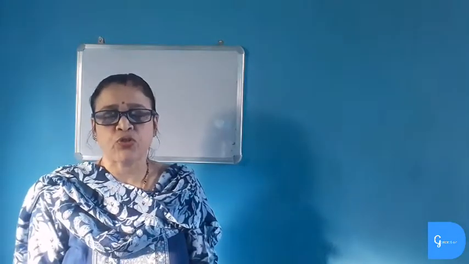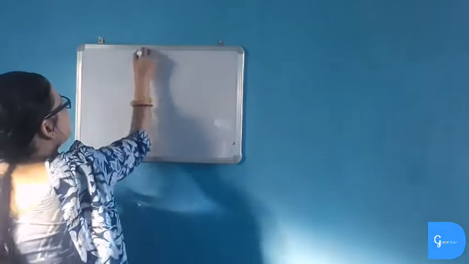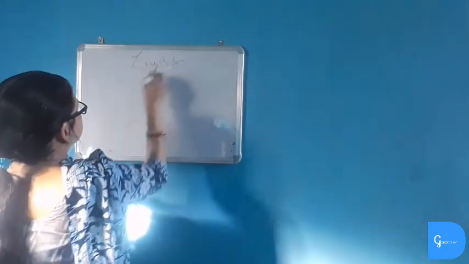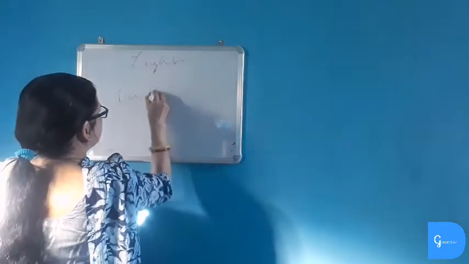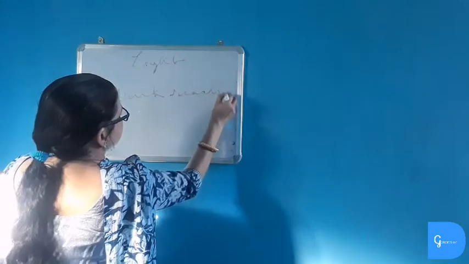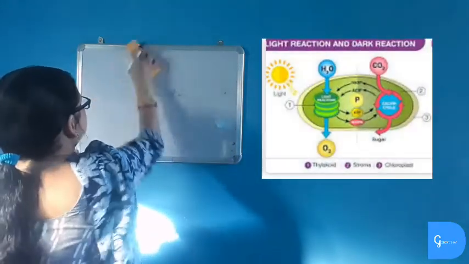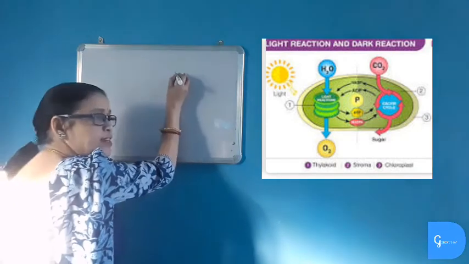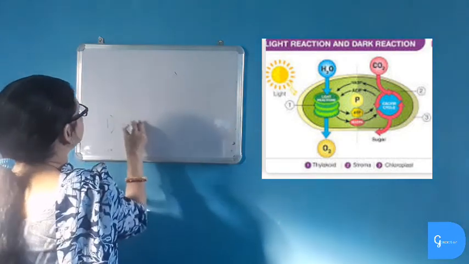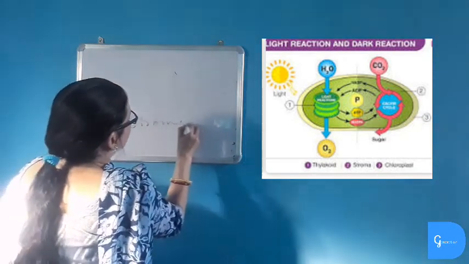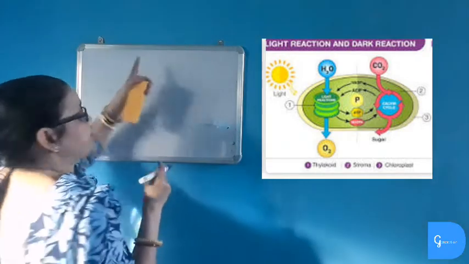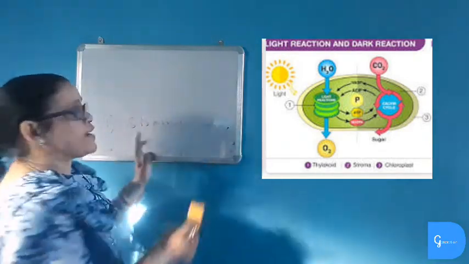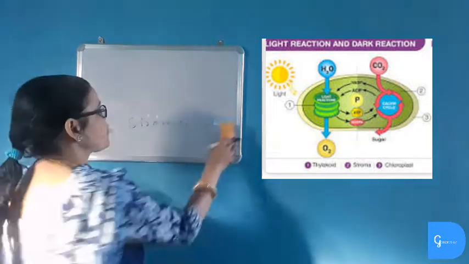Now I will show you the difference between light reaction and dark reaction of photosynthesis. Light reaction takes place in thylakoids in grana of the chloroplast, and dark reaction takes place in stroma of the chloroplast. Light reaction takes place in presence of light, and dark reaction takes place in absence of light.